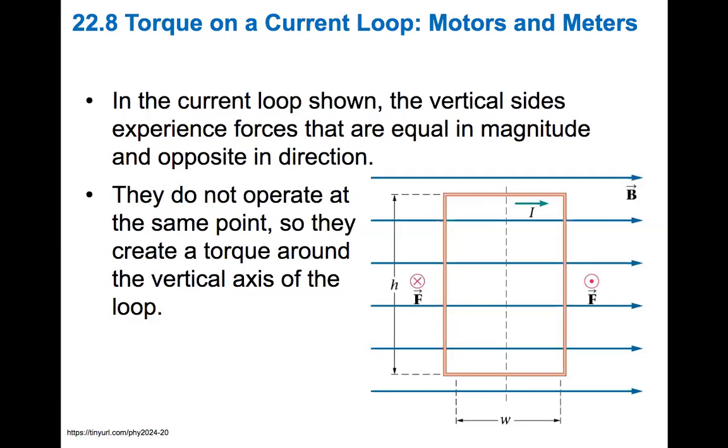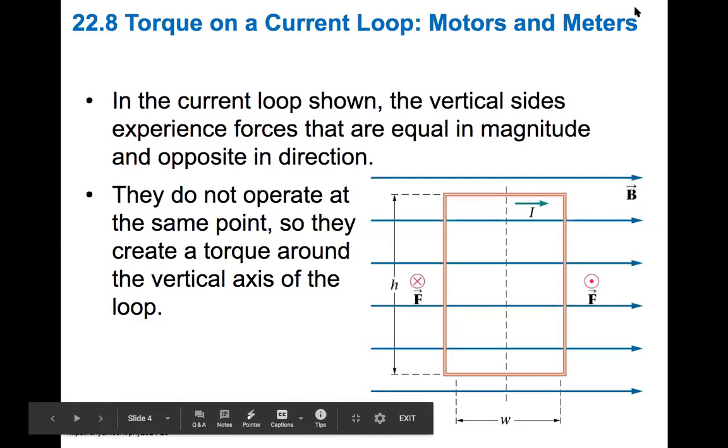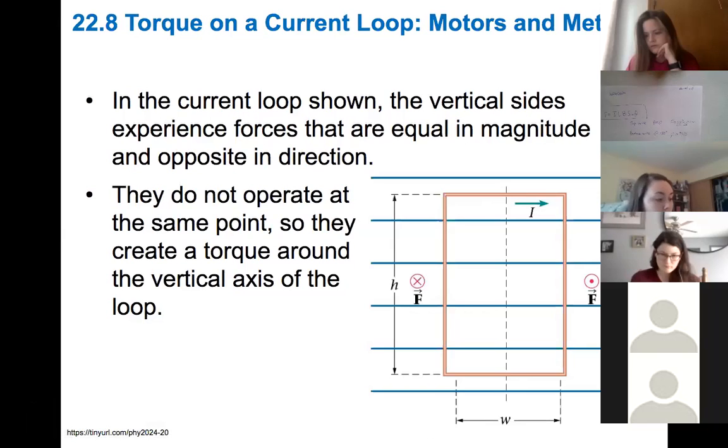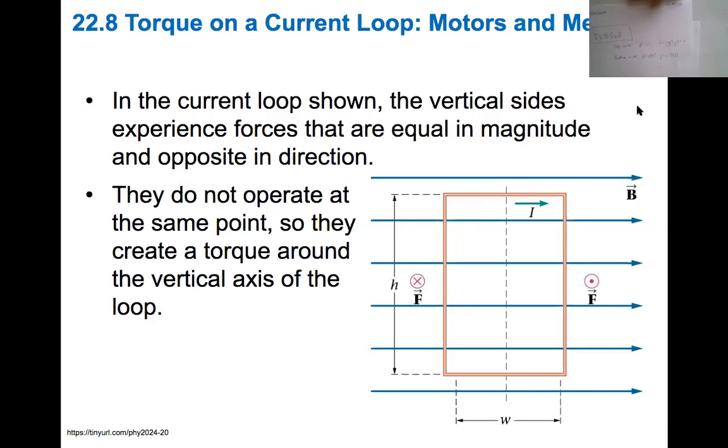On the bottom wire, it's ILB sine of 180 degrees, and sine of 180 degrees is also 0. So on the top wire and the bottom wire, the magnetic force is 0.